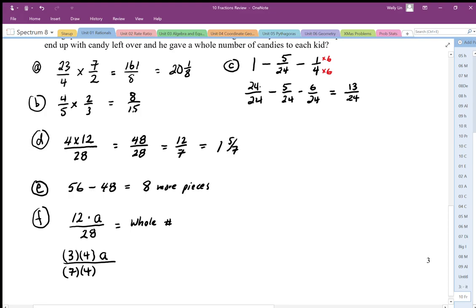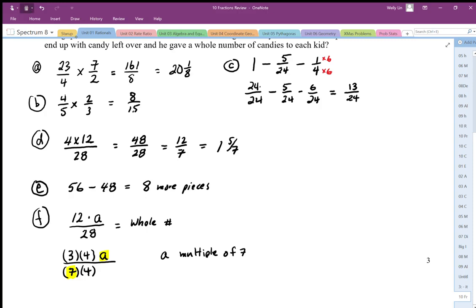So in this case, you can see that in order for the numerator and denominator to share common factors, A must be a multiple of 7. I'm just going to highlight that. So those have to be multiples of each other.